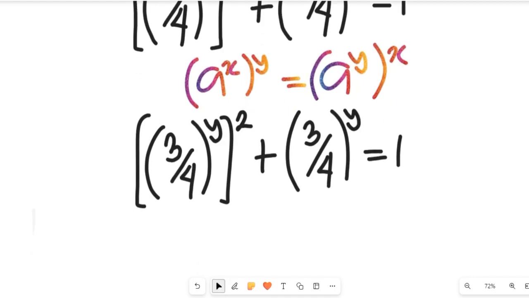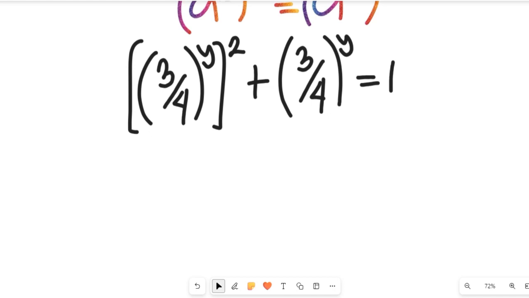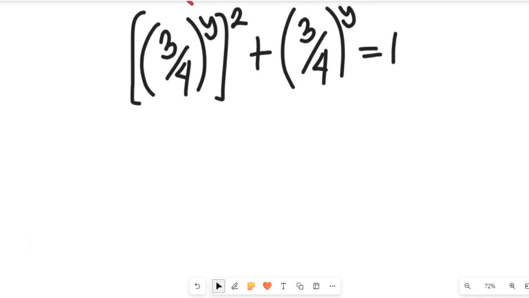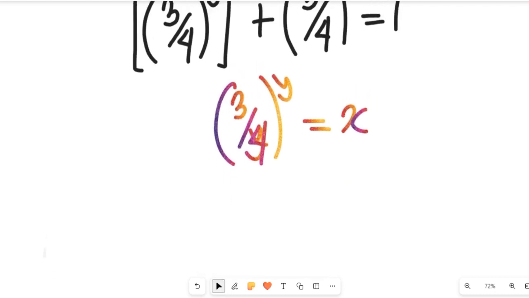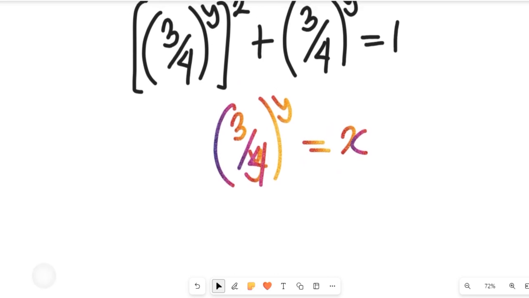Great. So what do we have here? We are going to have a simpler equation. From that expression, you can see that 3 divided by 4 all to the power of y can be equal to x. So if we have that expression equal to x, that means wherever we see 3 divided by 4 to the power of y, we're going to replace it with x.